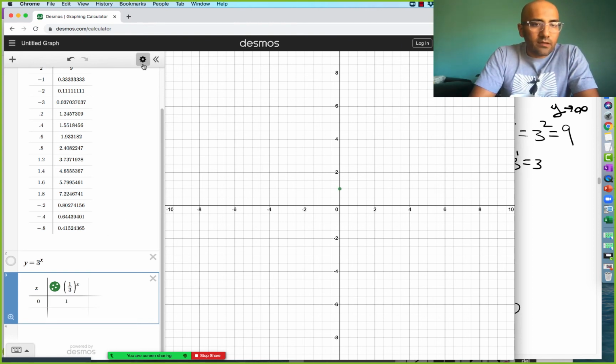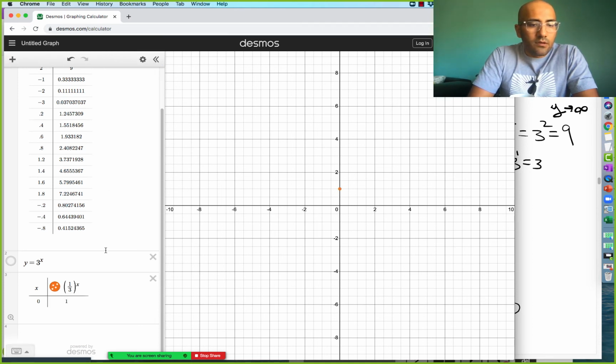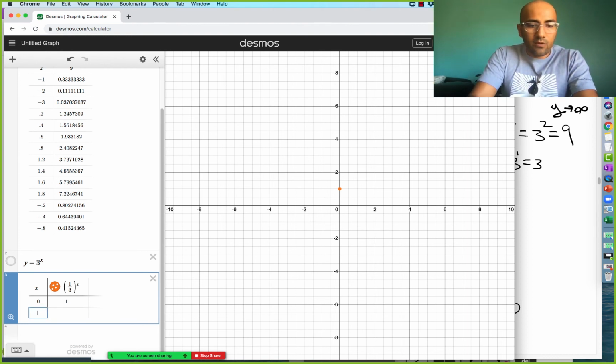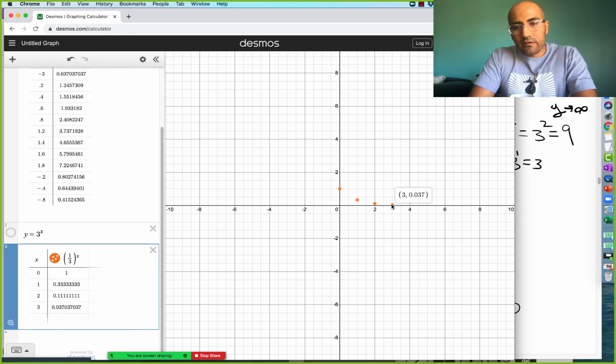Let's make it a different color. Let's make it orange. So 0, 1 is still a value. 1/3 to the 0 power is still 1. And then when we put a positive 1, we get a 1/3. When we put a 2, we get a 1/9. When we put a 3, we get a 1/27. So that's these values right here.